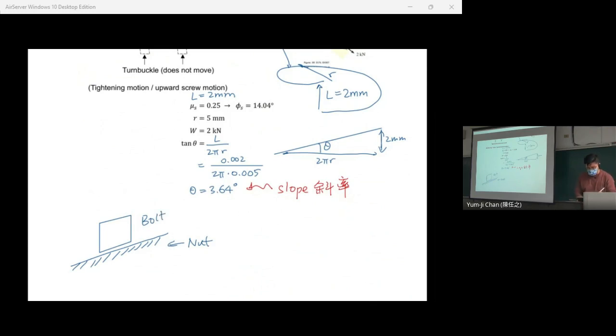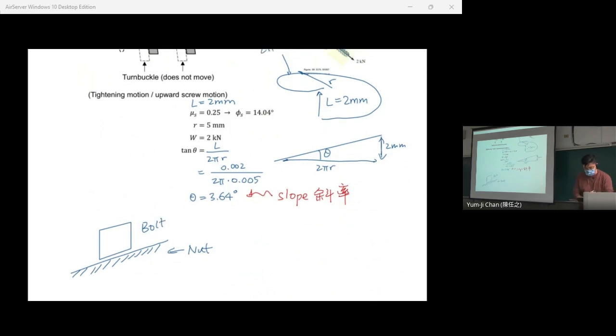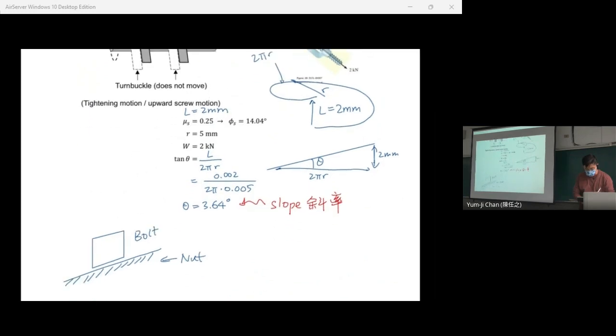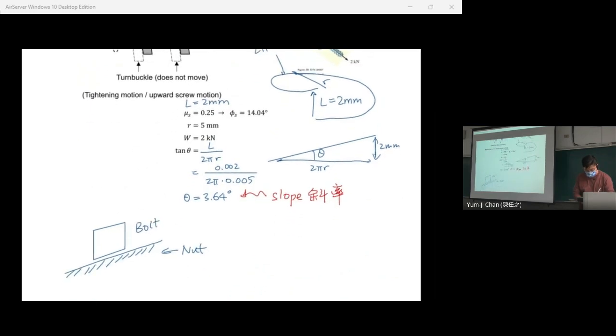We have our force W of 2 kilonewton, and we want to tighten it.